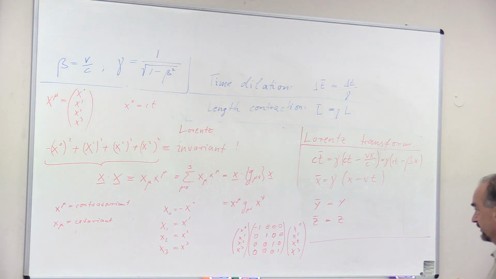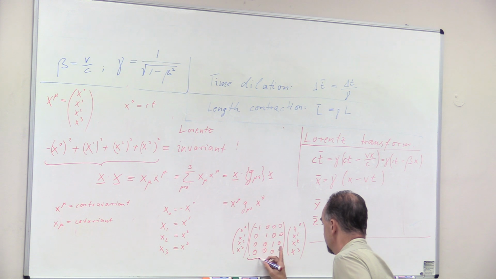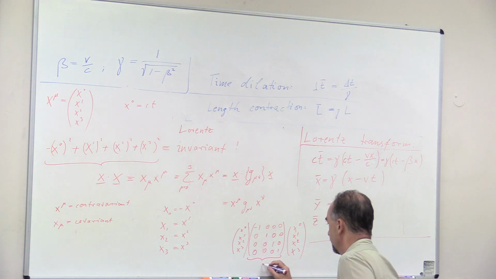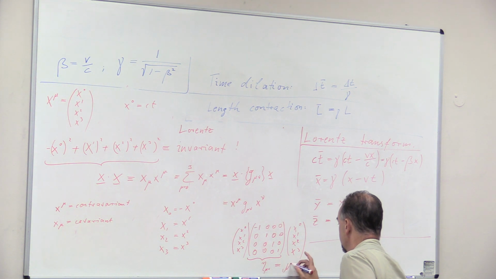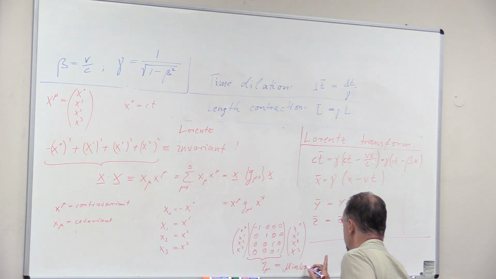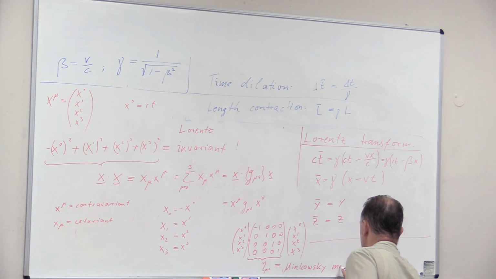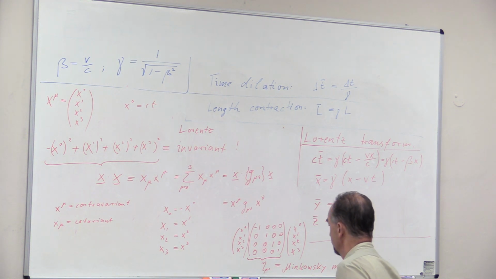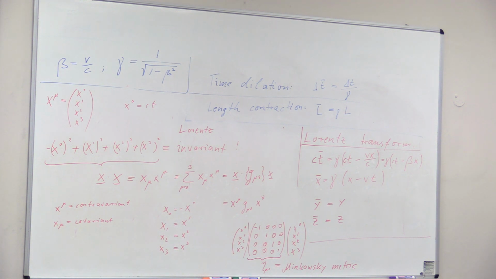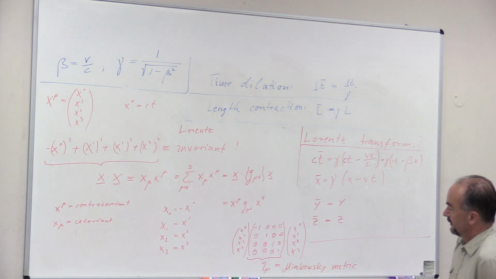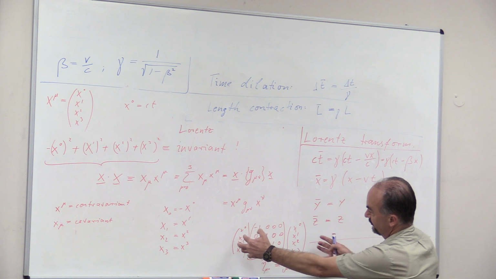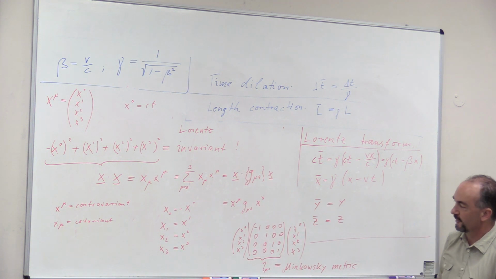So this matrix, quite often that's also called eta mu nu. This is called also the Minkowski metric. So this is another way just to write this 4-vector scalar product.